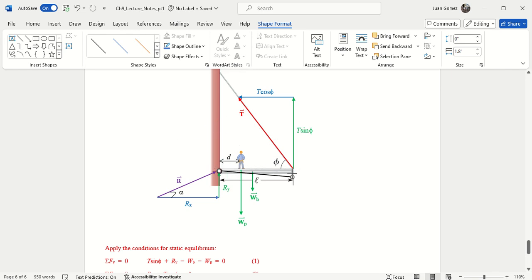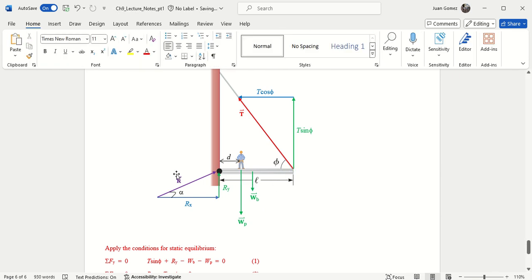So that would be a positive torque. The 2 weights pulling down on the beam, relative to our choice of pivot, would cause the beam to rotate clockwise. So the torque due to WB and WP is a negative torque. And remember, the reaction force creates no torque, so we don't have to worry about it.